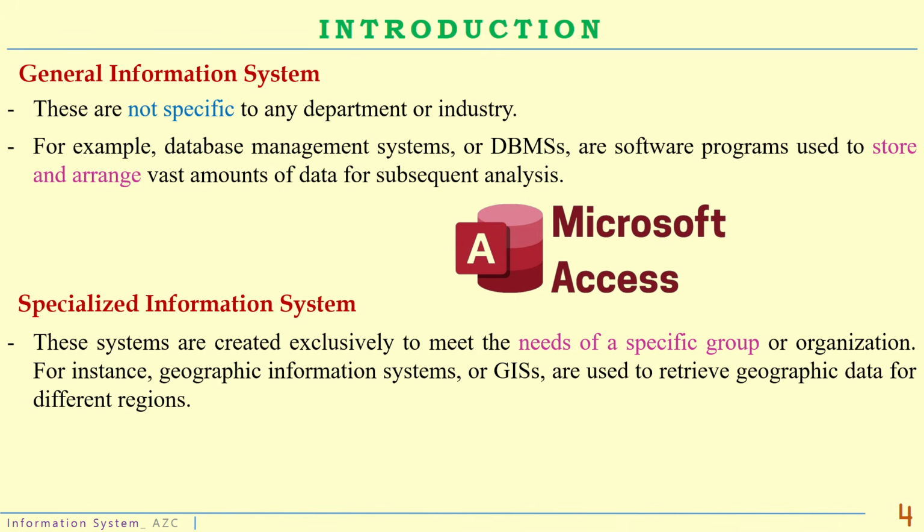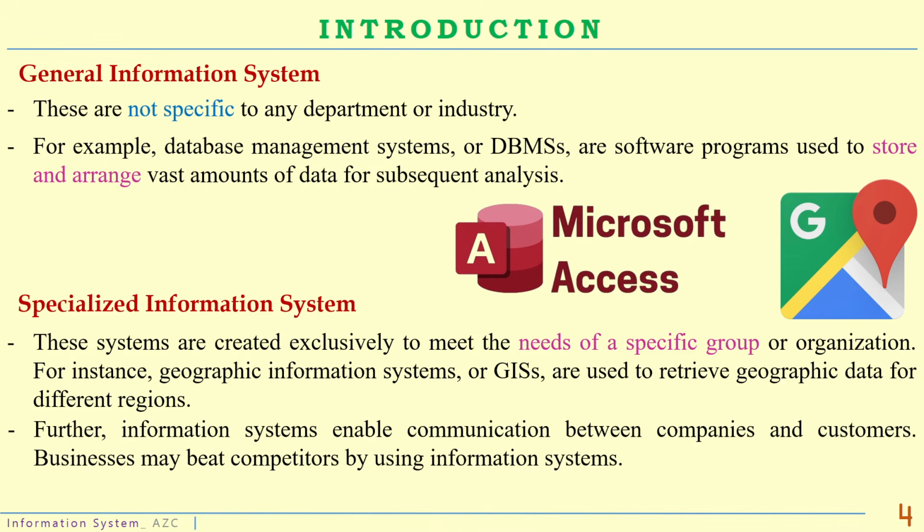These systems are created exclusively to meet the needs of a specific group or organization. For instance, geographic information systems, or GIS, are used to retrieve geographic data for different regions. Further, information systems enable communication between companies and customers. Businesses may beat competitors by using information systems.